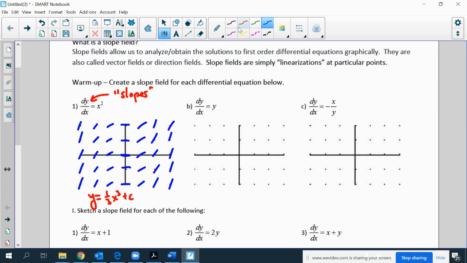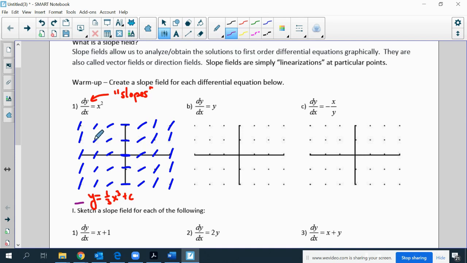So now, why does that help us? Because let's say I pick any point where this function y equals whatever works out. So let's say I pick it here. Well, I can see what the graph would look like just by tracing the slope field. And notice it looks like a 1/3 x cubed graph.